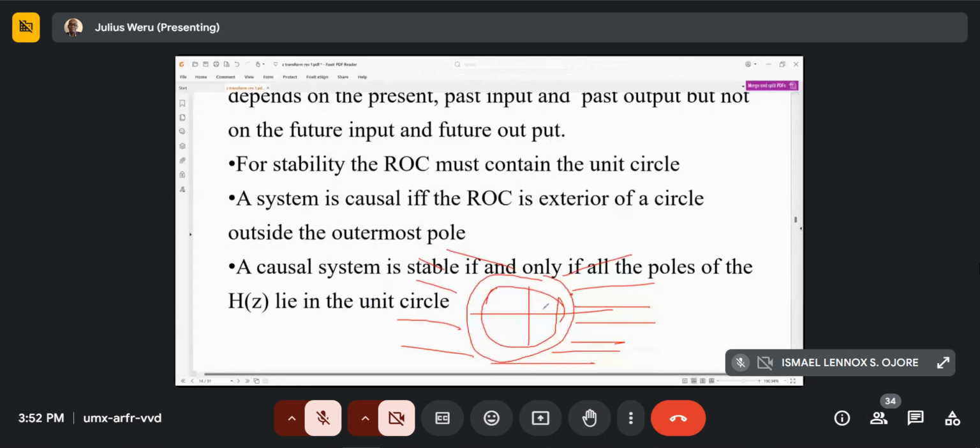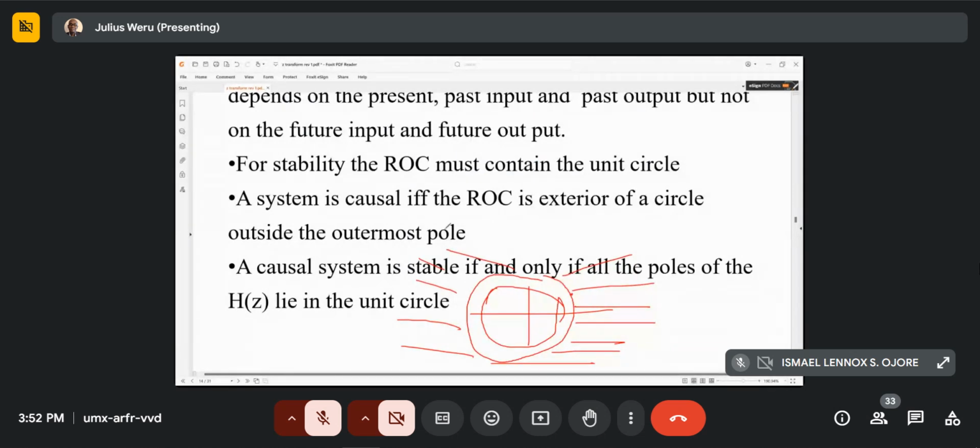That's the only way you can meet these two conditions, by making sure that your ROC starts inside here. It means the poles cannot be in the ROC, so they must be inside the unit circle. So for this to be stable, all poles lie within the unit circle, because the ROC must contain the unit circle.